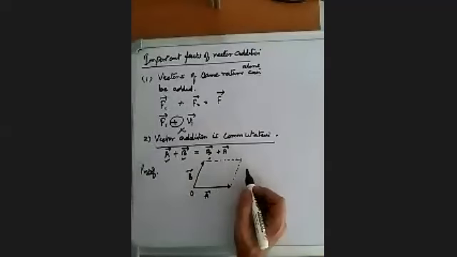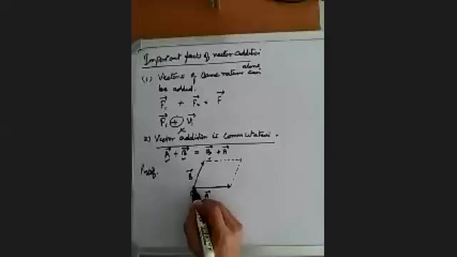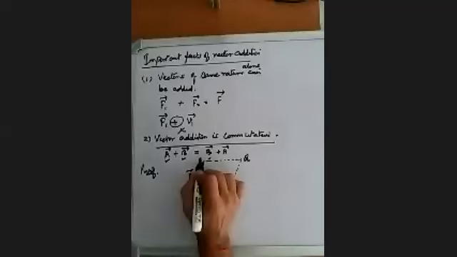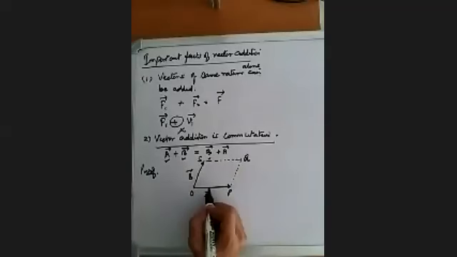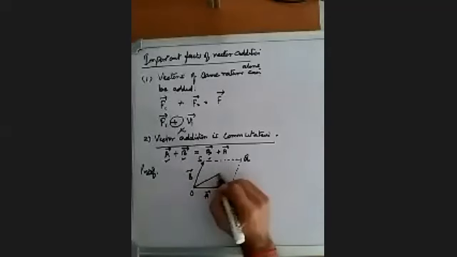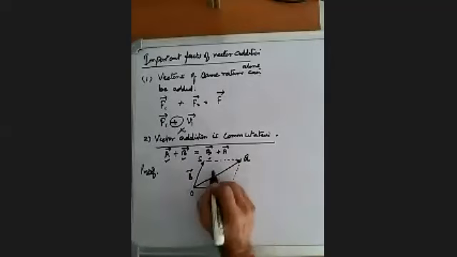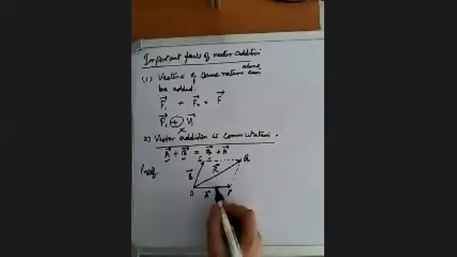And how can we get the resultant? Suppose this is O, P, Q, and S is the parallelogram. Now from the same point at which A is joining with vector B, you draw a diagonal of this parallelogram. So this will give you the resultant of these two vectors, by using the parallelogram law of vectors.